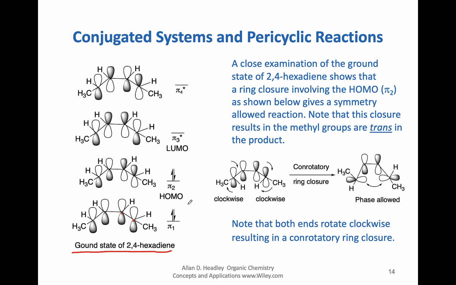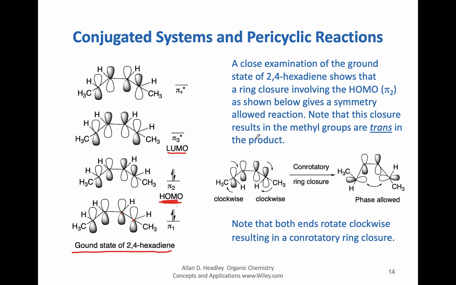So we have some terms that we introduced last lecture. This is the HOMO, highest occupied molecular orbital, and this is the LUMO, lowest unoccupied molecular orbital. So this represents the ground state. So what we're concerned with here is the HOMO.